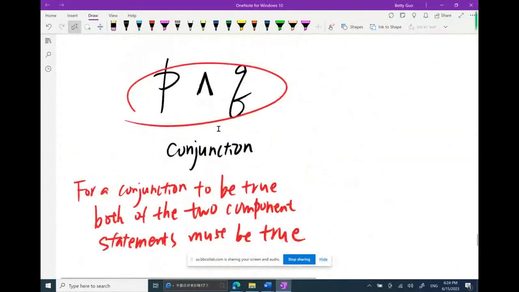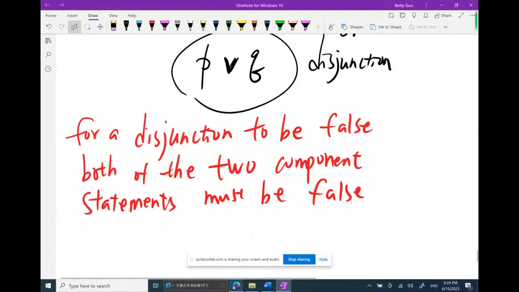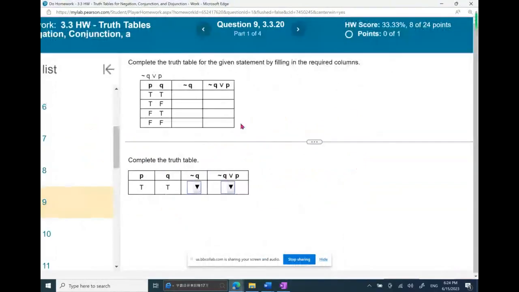This is the sentence you need to remember for conjunction. And this is the sentence you need to remember for disjunction. Okay, let's practice. This is a disjunction, right?